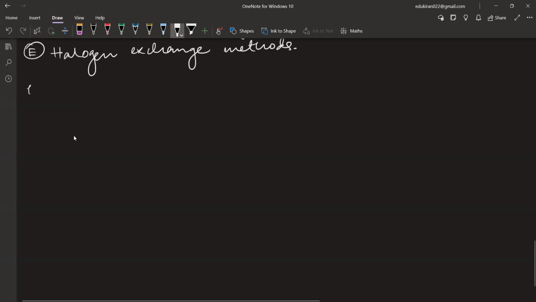In halogen exchange, number 1 is the Finkelstein reaction. This is the second name reaction, okay? Finkelstein reaction. What happens in the Finkelstein reaction? Please write.